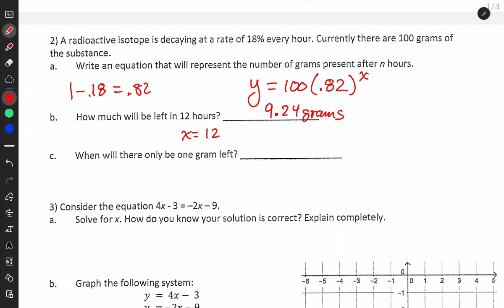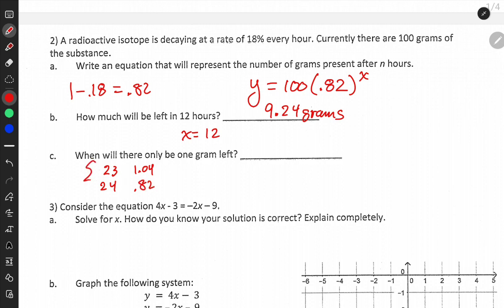So 12, 13, 14, 15, 16, 17, 18, 19, 20, 21, 22, 23. 23 is 1.04 grams, and 24 is 0.82 grams.